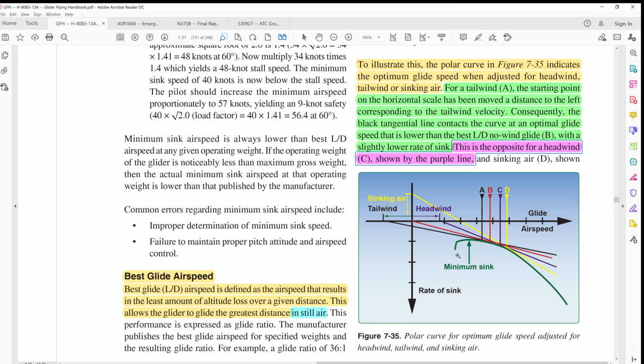By physical definition, if you're drawing a tangent line from a right-shifted origin to this kind of curve, that speed is going to move over to the right. We don't care about the sinking air, so we're going to ignore the yellow line. But anyway, you slow down for a tailwind, you speed up into a headwind.